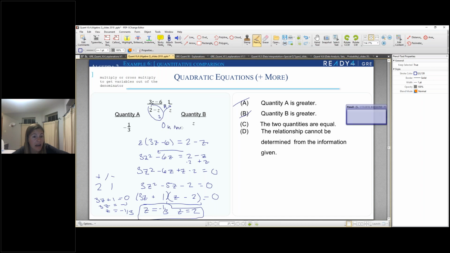And that's not allowable. We cannot have a 0 in the denominator, so this is not actually a solution. That means the only solution we have is that z is equal to -1/3. And so for that reason, the two quantities are equal.